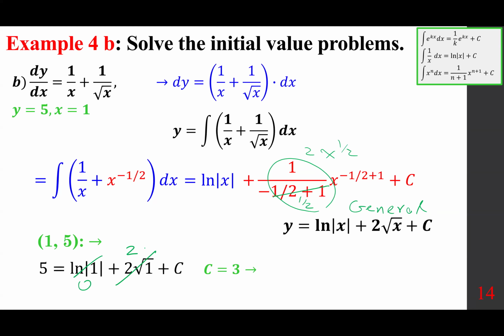C becomes 3, plug it in, and a general solution becomes one particular solution. So class, we have infinitely many solutions here, a family of functions. One pair will help us find the solution, a particular solution, one solution.